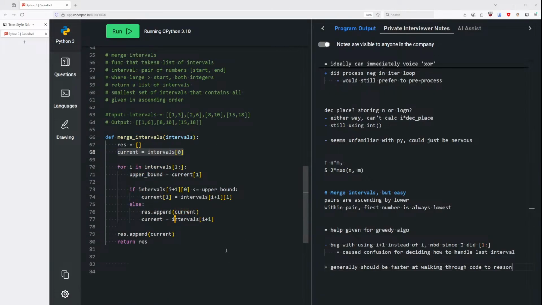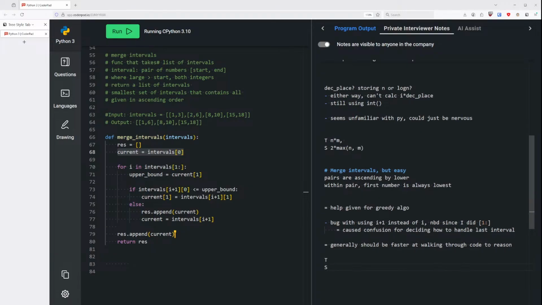Okay, sounds good. Time and space of this merge intervals? Okay, well, we start with our first interval, and I think I can assume these are all O(1) operations individually. So we start with an interval, and then we're either going to merge it or add it to our result and move on.